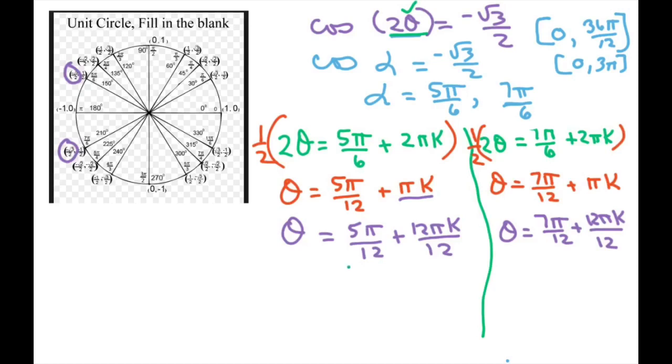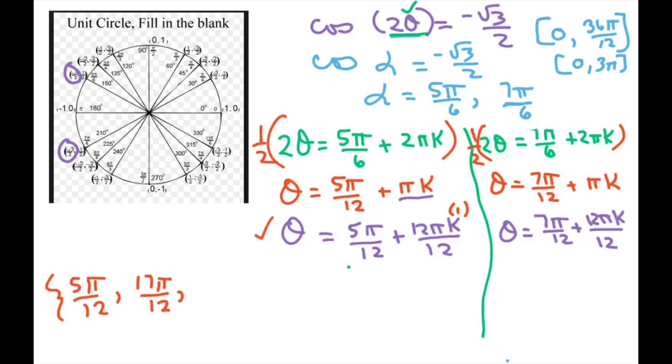So for this first one, we have 5 pi over 12. Now add 12 to the 5. This would be if k is 1. If k is 1, that would be 17 pi over 12.